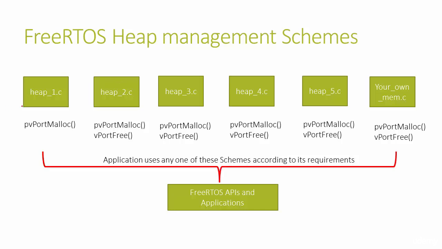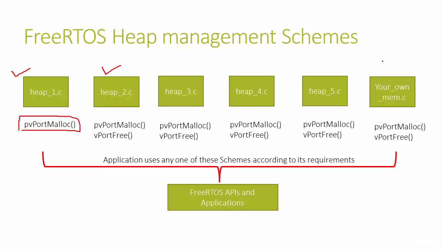For example, if you consider heap_1.c, it will give you the API pvPortMalloc. It won't give you any API to free the memory. So if you use this scheme, then you can only allocate memory, you cannot deallocate memory. Like that, there are up to 5 different implementations. You should choose whichever suits your application.